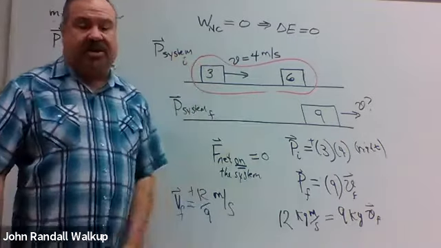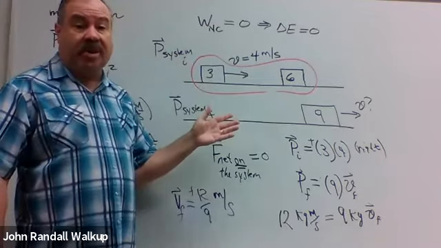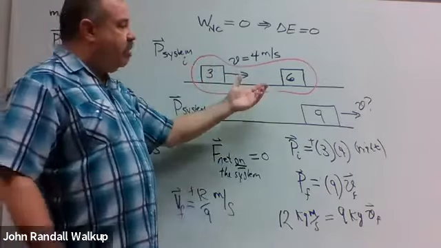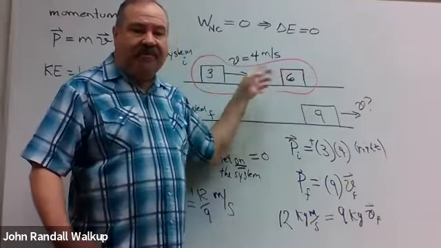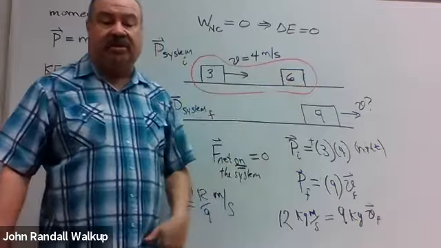Is energy conserved? Couldn't we just solve this by doing 1/2 mv squared equal to, no, the answer is no. You don't know if energy is conserved because when this object hits this one, you don't know if the force that's applying on the 6 is a conservative or non-conservative force.